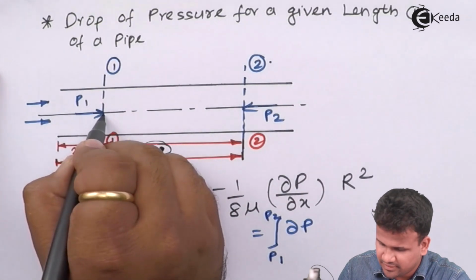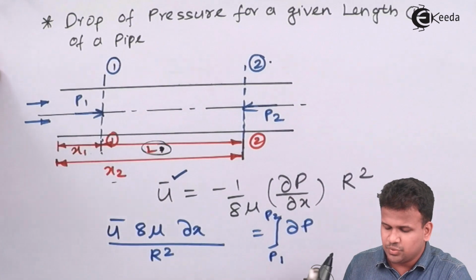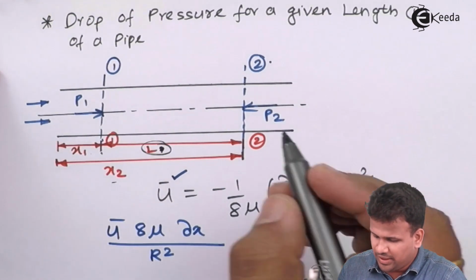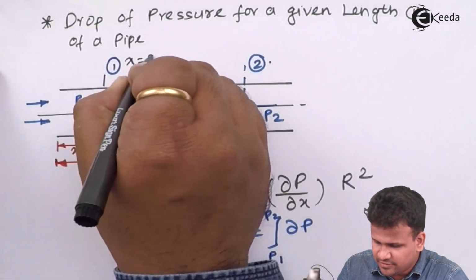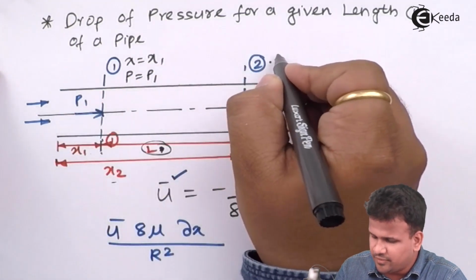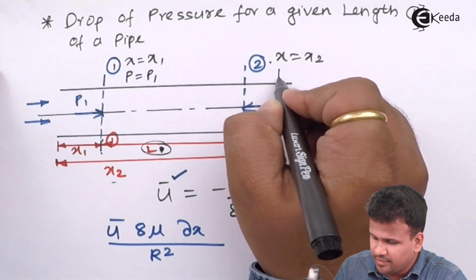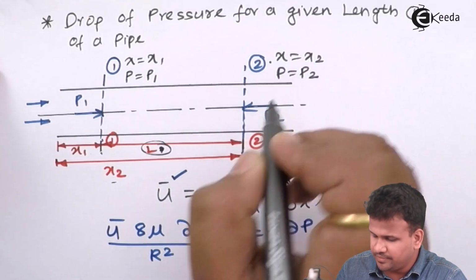The boundary conditions are: when x is equal to x1, p is equal to p1, and when x is equal to x2, p will be equal to p2.